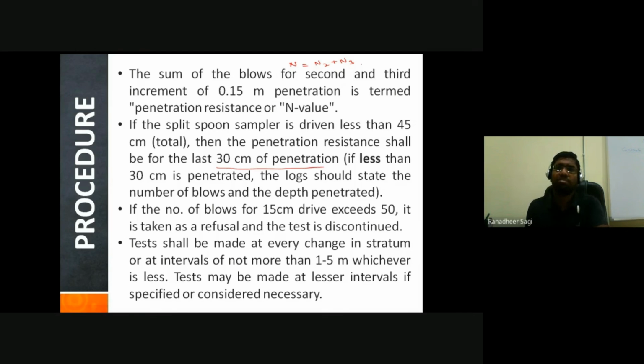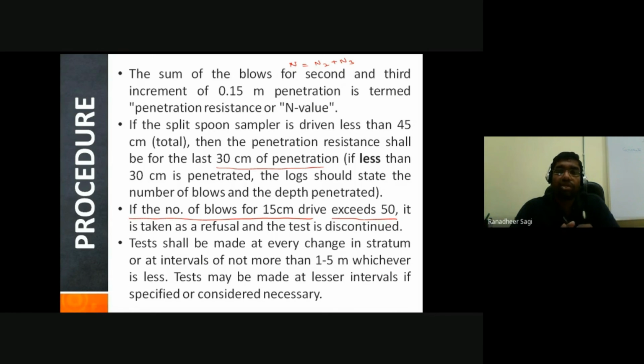If the number of blows required for 15 centimeters penetration exceeds 50, I repeat, if the number of blows required for 15 centimeters depth of penetration, because we have marked 15 centimeter intervals, is more than 50, then we should consider that the SPT test cannot be performed on that particular soil.